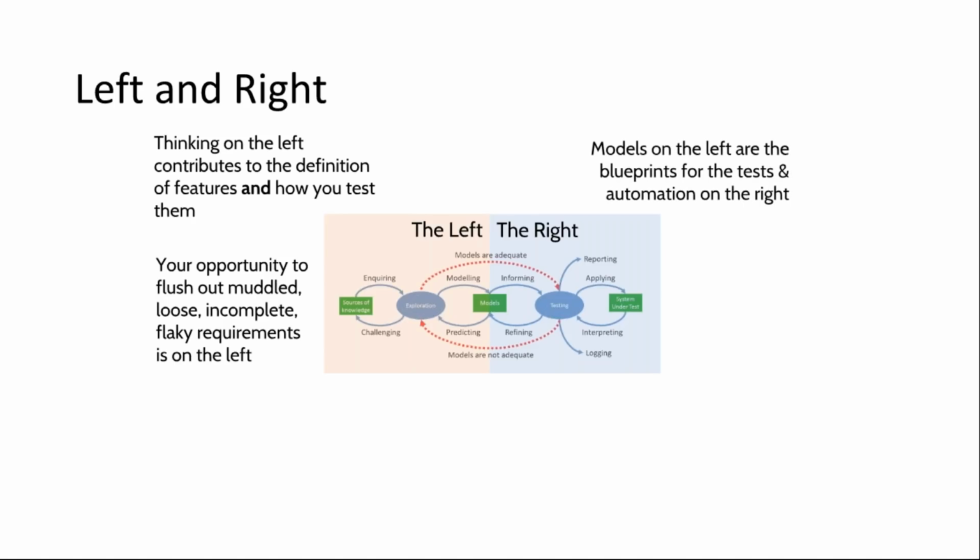Now, the models on the left, or the understanding which we achieve through modeling, are blueprints for both the tests and the code. The developer uses the same definition as the tester, clearly. Now, we may not be writing down requirements in mountains of text, reams of narrative prose, but what developers need, and testers need too, is a clear definition of need, of behavior, if you like.